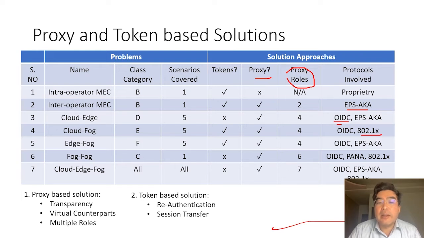But because the 802 fork system market is quite fragmented, there are multiple protocols, including OIDC, the one used in the cloud, which is also used in fork, and 802.1X plus PANA. These three protocols are still competing with each other in the fork system. We need to cover them because the market is so fragmented.